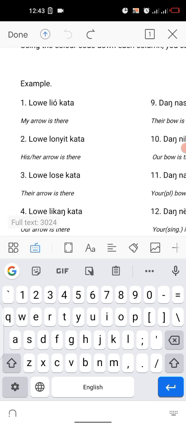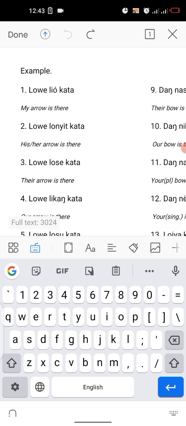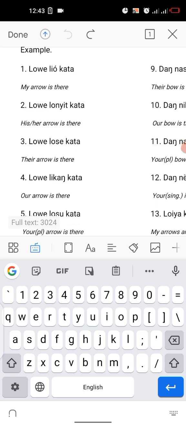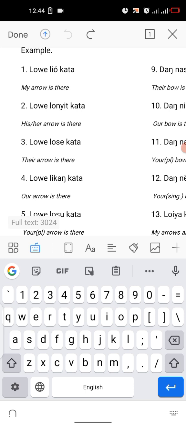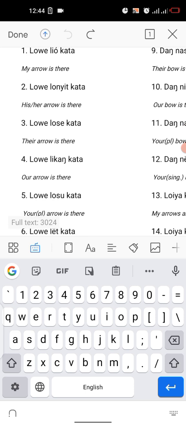So using the color code down each column, you can create so many sentences. Example, number 1, lowe lio kata, which means my arrow is there, or my arrow is present. So the word kata means there or present or exists. It exists. Number 2, lowe lonyit kata. His or her arrow is there.